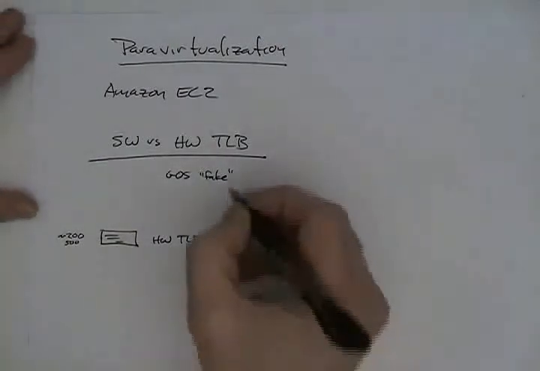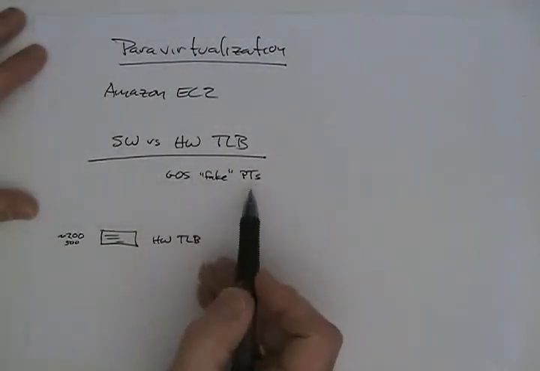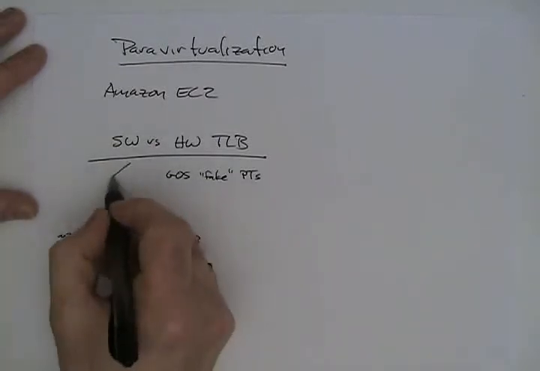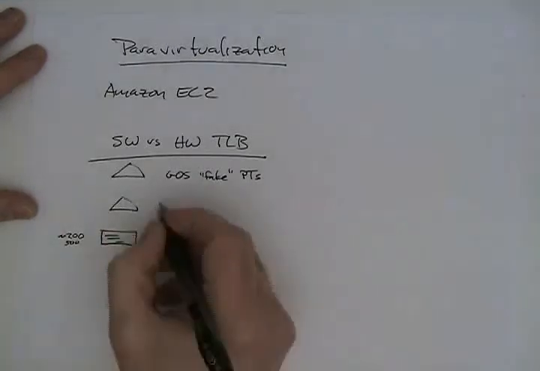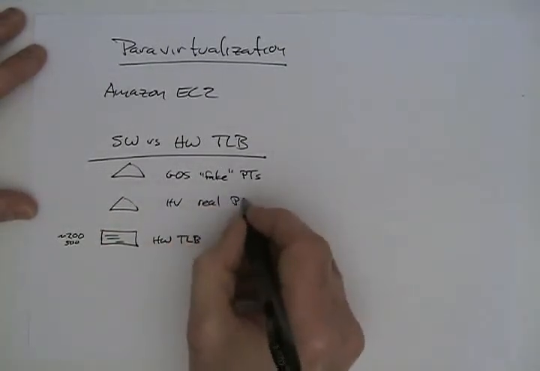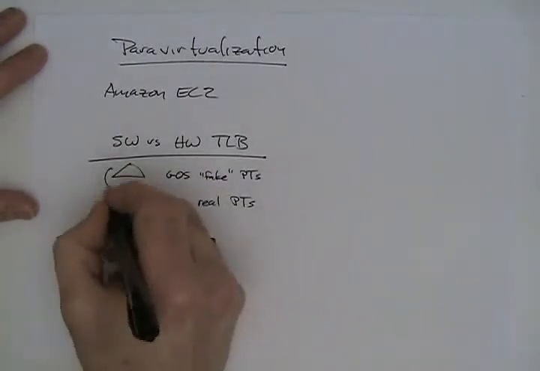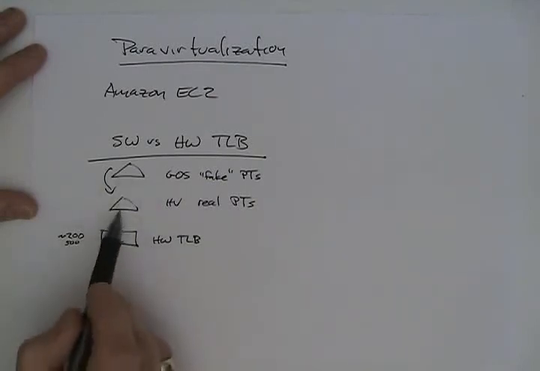Those are the ones that the guest OS thinks are the real page tables. And in the middle, we have the hypervisor's real page tables, which are a translation of the guest OS page tables.